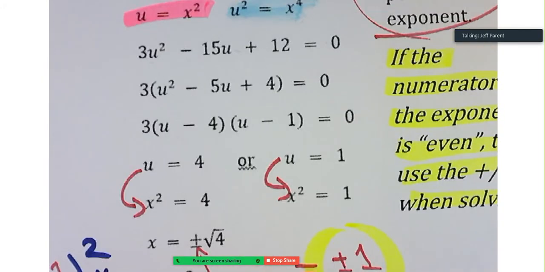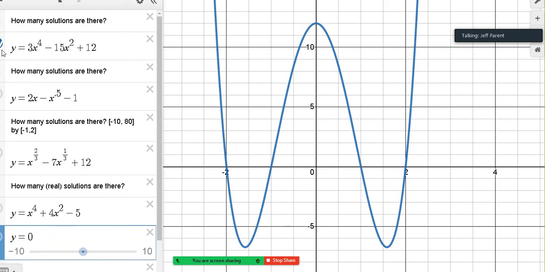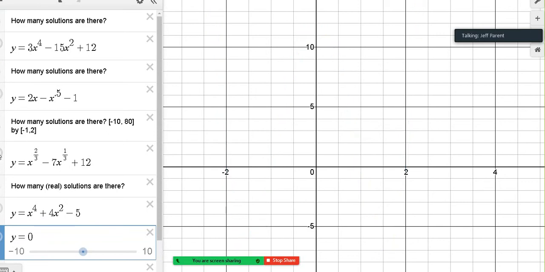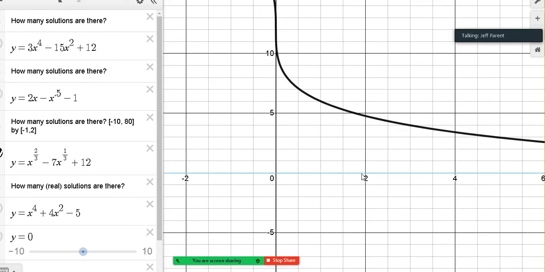Okay. One, maybe two more like this. Let's shut this one off and turn the next one on, which is this one. This graph's a little harder to get a handle on.